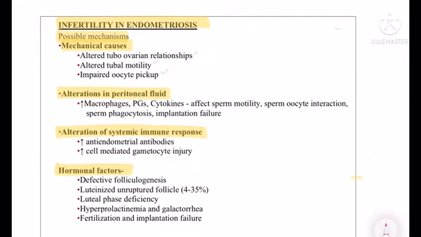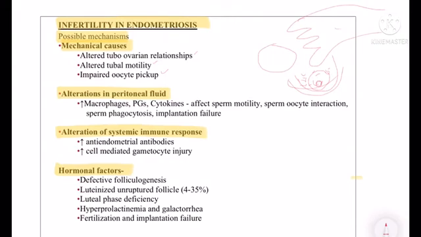So, alteration in peritoneal fluid. So why alteration in the peritoneal fluid? Because if the endometriosis is found in the pouch of Douglas, for example, in the peritoneum, these peritoneal endometrial particles get engulfed by the macrophages and they get destroyed.